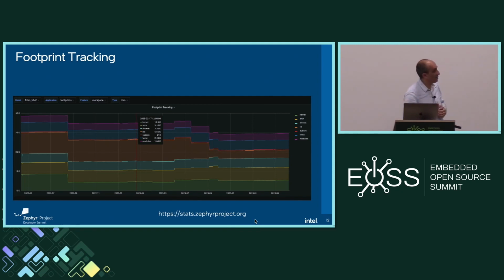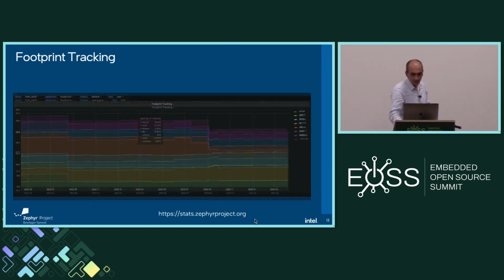And now we are looking into going deeper, because some of the subsystems like Bluetooth or networking are so big, and the maintainers of these areas want to zoom in and look at their own subsystem so they can optimize at the subsystem level. So we are working on adding additional layers so people can see exactly where, for example, in the Bluetooth stack, they can improve or how they can track the footprint there.